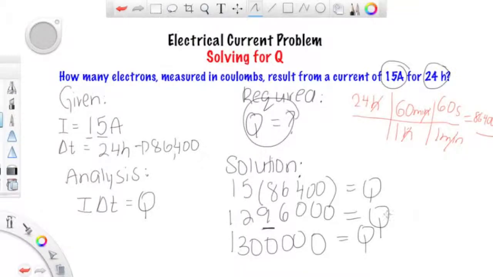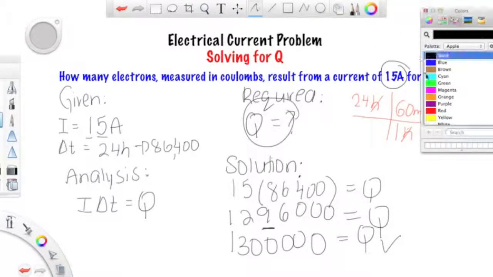But it's always better to put everything into scientific notation just so it's neater, though this is the correct answer. So if we were to put this into scientific notation, let's look at how many decimal places we have to go. So 1.3 times 10 to the power 6 coulombs is equal to Q. That's perfect.